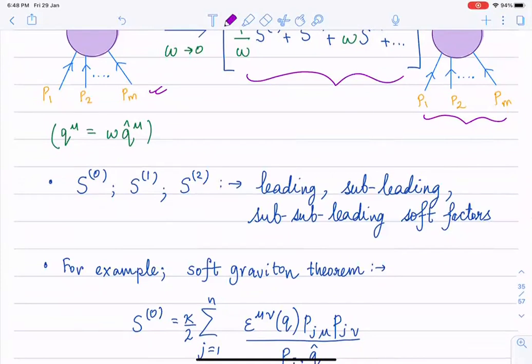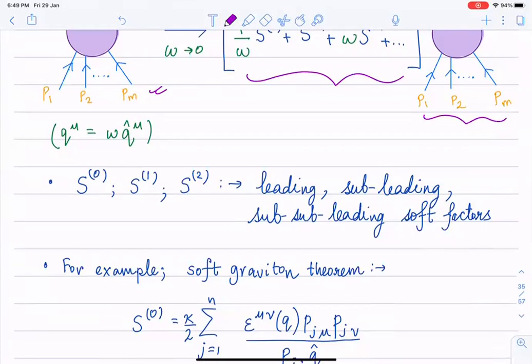In this case, these factors have various names. For example, the first one, which appears as the residue of the omega equal to 0 pole, is known as the leading soft factor. Then there is an order 1 term that's labeled the subleading soft factor, and then you can have subsubleading soft factors and so on.